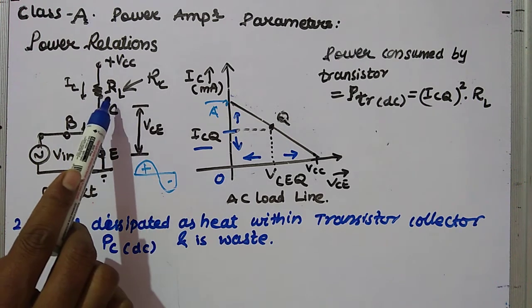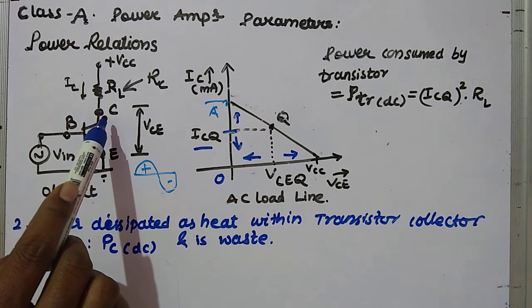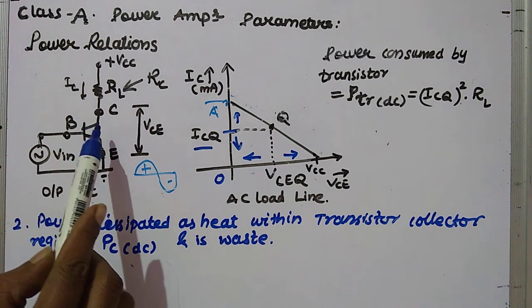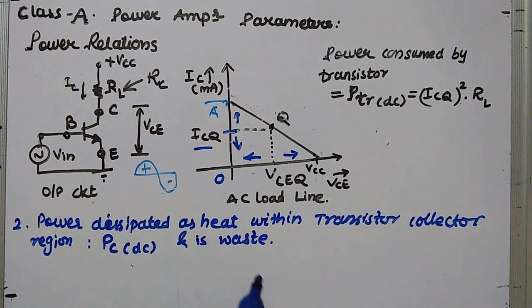So first is the power across this RL, second is the power across the collector terminal. The power across the collector terminal is PC. In brackets we have written DC to indicate it is a DC power dissipated across the collector terminal, and it is totally of no use to us. It goes as a waste.